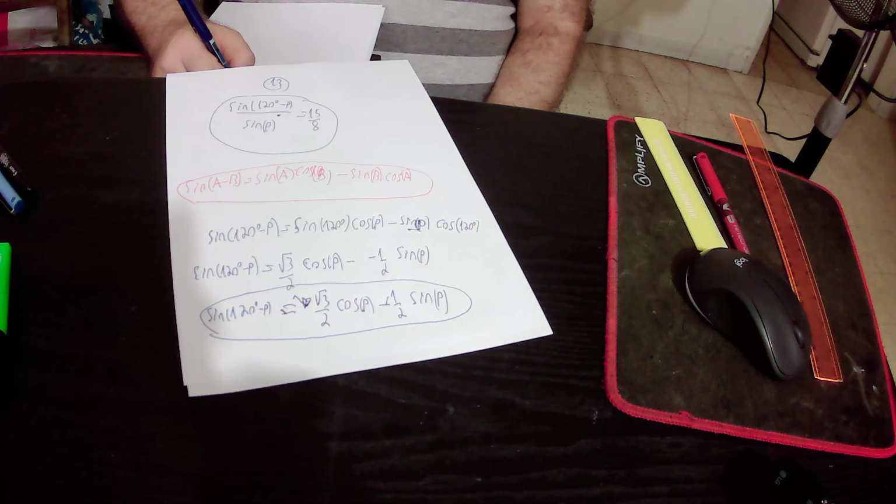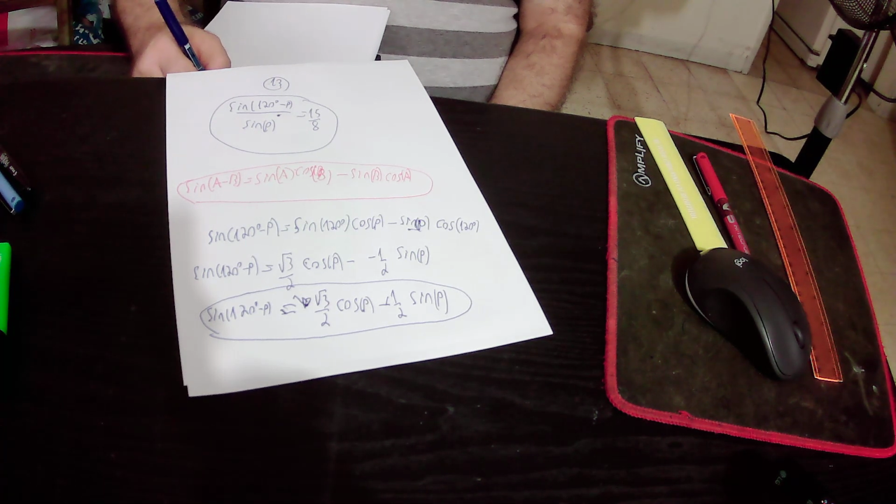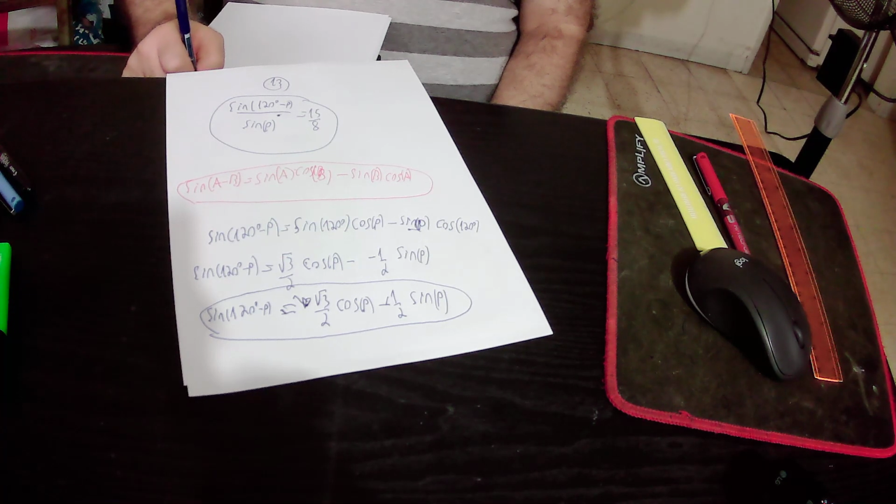plus 1 over 2 times sine P over sine P, all equals 15 over 8.